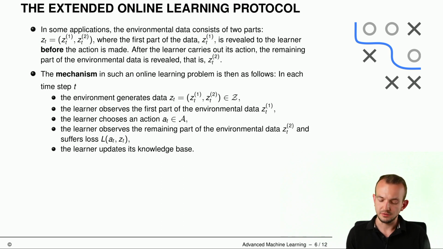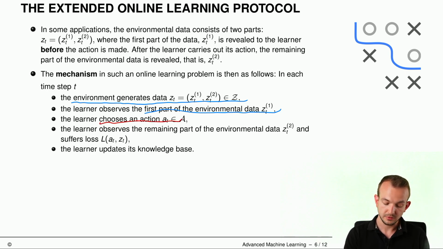So we have the following adaptation of the mechanism of the basic online learning protocol. First, the environment generates the data consisting of the two parts. The first part is observed by the learner, and only then the learner chooses an action.